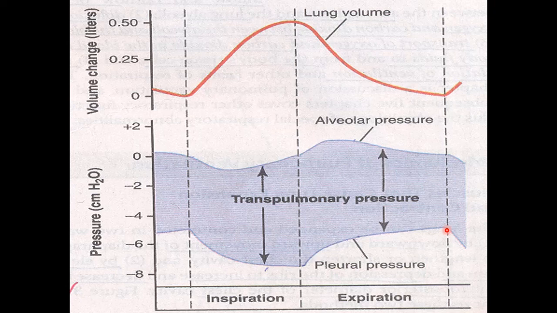Again I am repeating this point, that at the end of either the inspiration or the expiration, the alveolar pressure is 0 centimeter of water. So the transpulmonary pressure will be equal to the value of the pleural pressure.